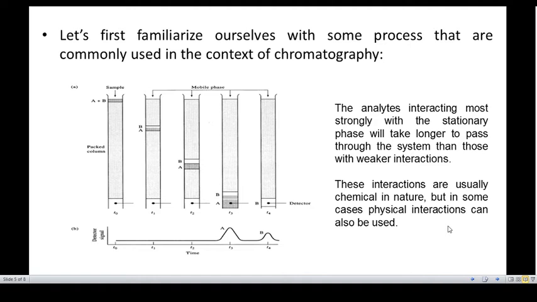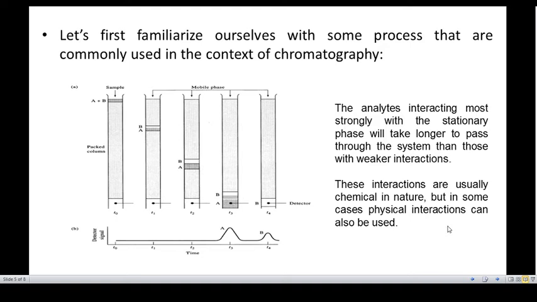Now let us familiarize some processes commonly used in the context of chromatography: how an analyte is carried through the stationary phase and how it is separated. The analyte interacting more strongly with the stationary phase will take longer to pass through the system than those with weaker interactions.